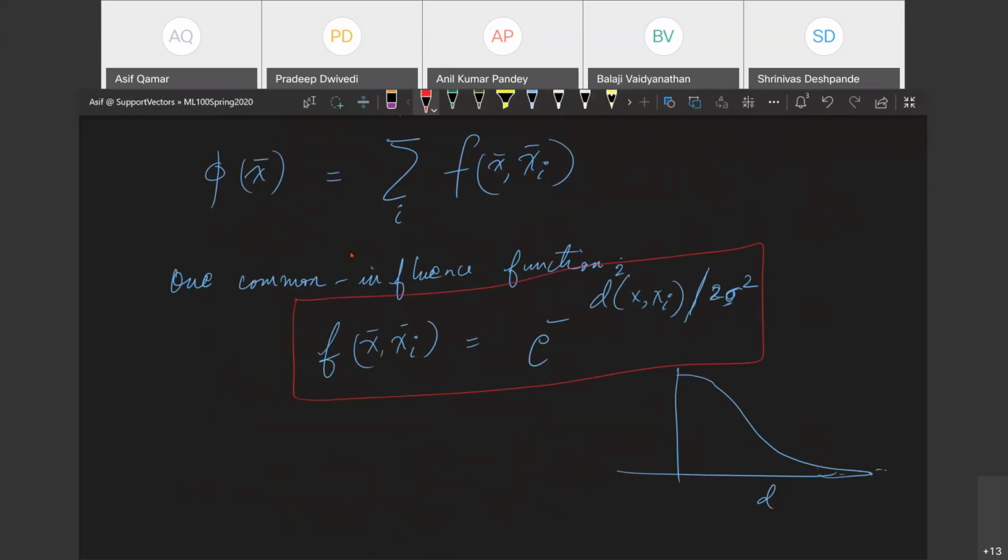The normal function, the Gaussian function, up to a normalization coefficient. I forget the normalization, let's not mention it. So it's a number that will go from 1 to 0.